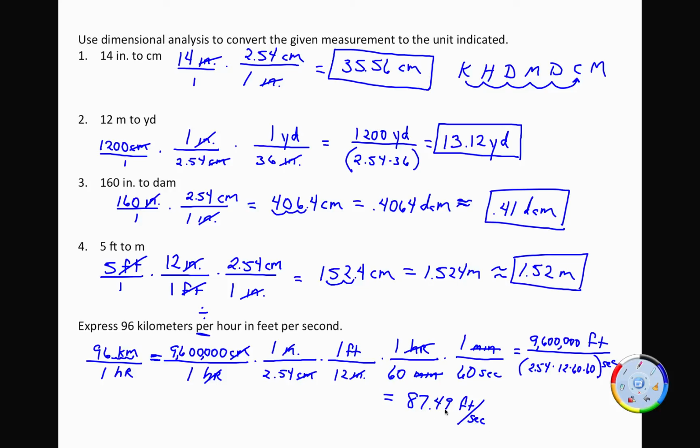So 96 kilometers per hour is equivalent to 87.49 feet per second. Dimensional analysis. Go try it. Let me know if you have any questions.